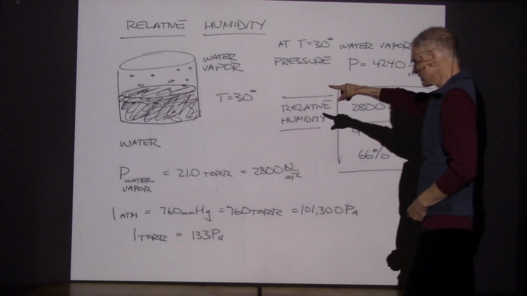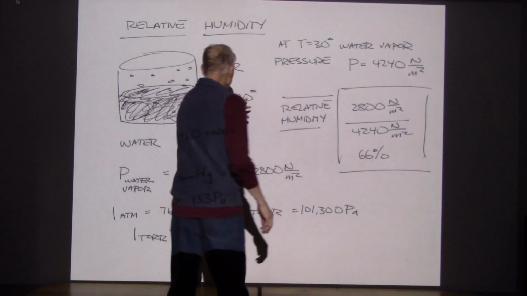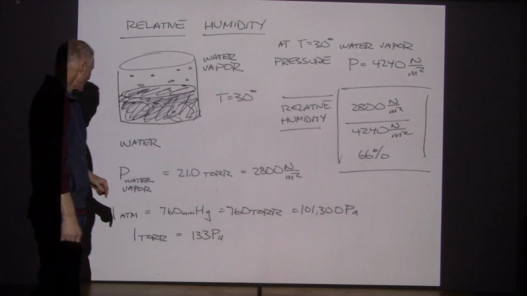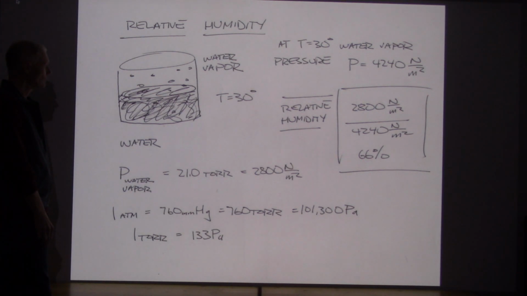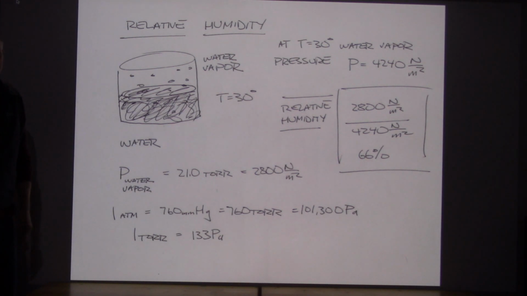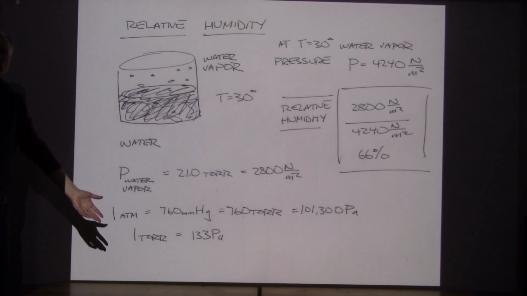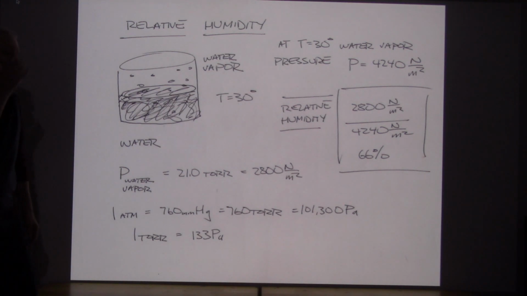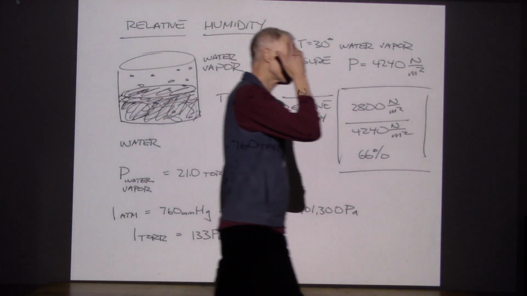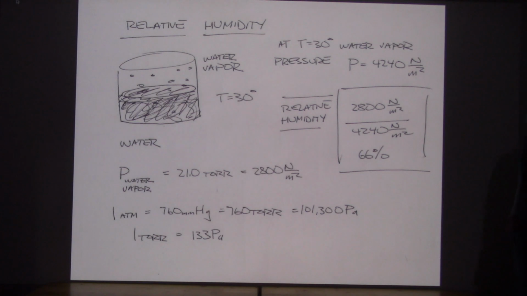I guess I needed a Celsius on this. Add a capital C right there. All right, so that's the relative humidity calculation. So now in the weather forecast, you can think about, oh, that's what relative humidity is referring to.